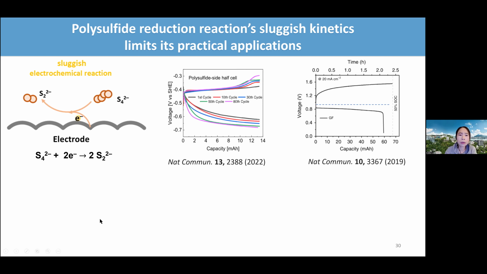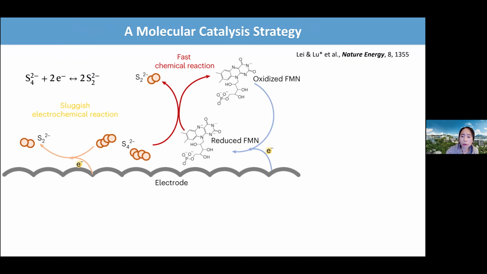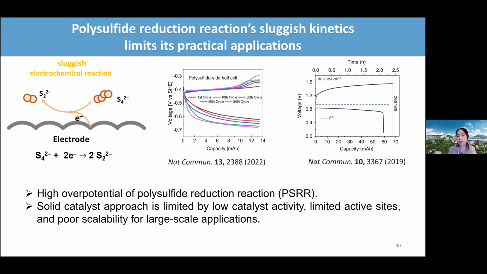And the reason is that the polysulfide reduction from S4 2- to S2 2-, breaking the sulfur-sulfur bond, is actually a very energetic, intense process. And so most of the reported methods are not very effective because, for one, the catalyst may not be very active.